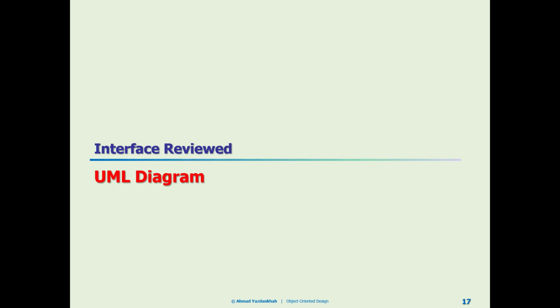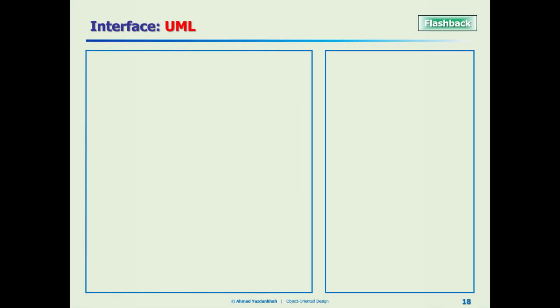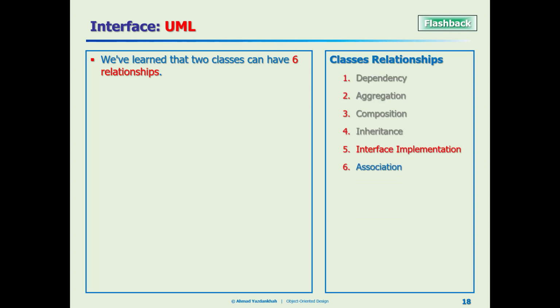Now that we have a new relationship between an interface and a class, we need to talk about the UML diagrams. Okay, so we learned before that we have 6 relationships. And these are the relationships that we mentioned before, right?